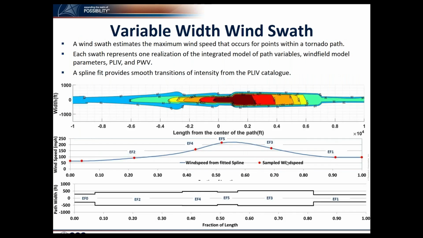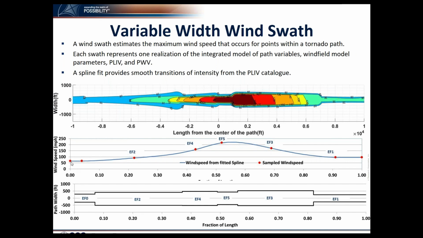So this is an example of the variable wind swath that we produced from a sampled catalog event. This is an EF5 event, and we first sample the maximum wind speed in each of the segments using the EF scale wind speed distribution. I'm going to talk about that distribution later in this presentation.